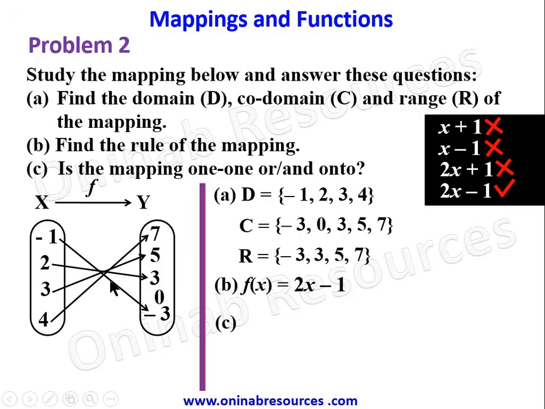So one element is mapped onto one and only one element, the other element is mapped onto one and only one element, and so on. So the mapping is 1-to-1, but it is not onto because the codomain is not equal to the range. So f is 1-to-1 but not onto, which brought the solution of problem 2 to an end.